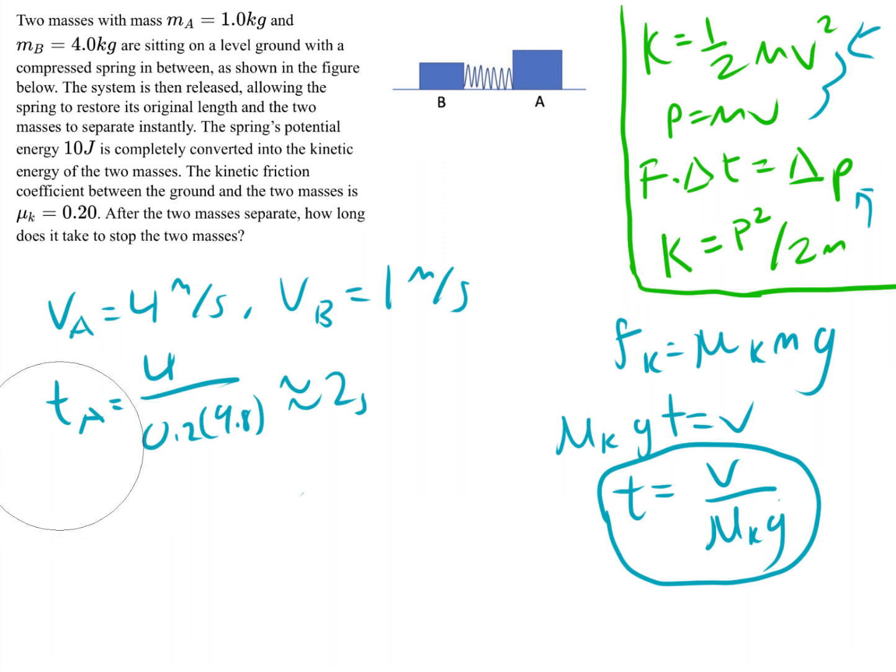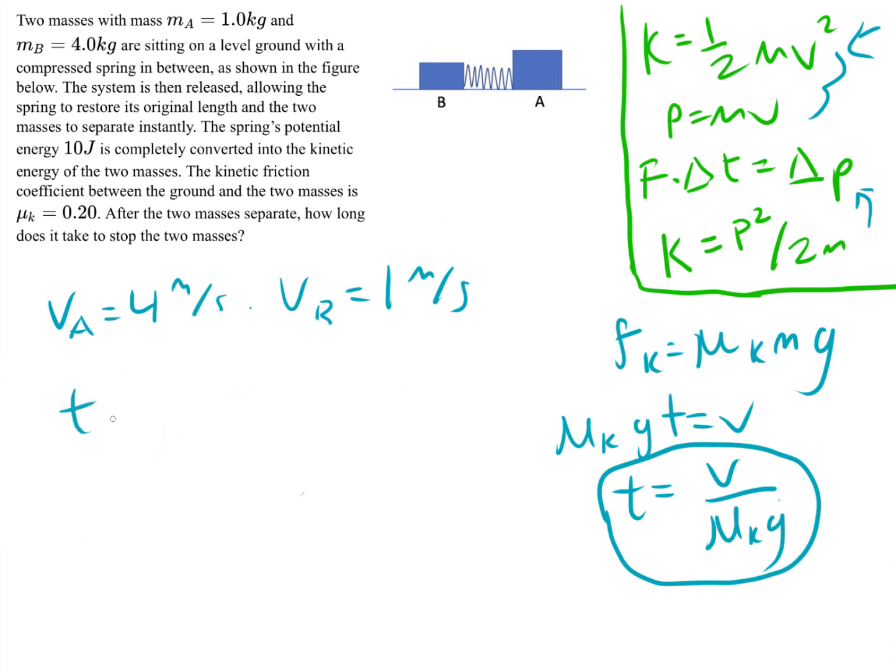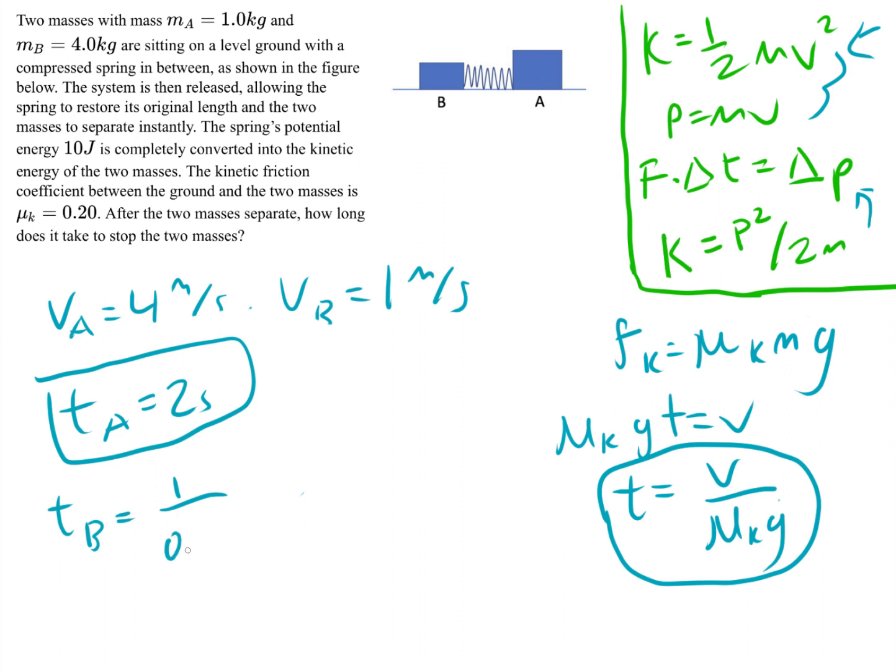I'm going to write this. The time it takes for block A to stop is 2 seconds. That's the first part. Now we do the same thing for B. The time it takes for B to stop is equal to its initial velocity once it leaves the spring of 1 meter per second divided by the coefficient of kinetic friction, again 0.2, times the acceleration due to gravity.